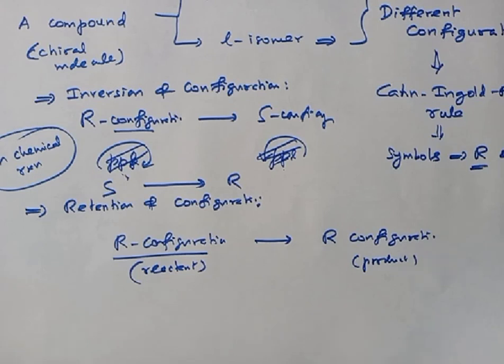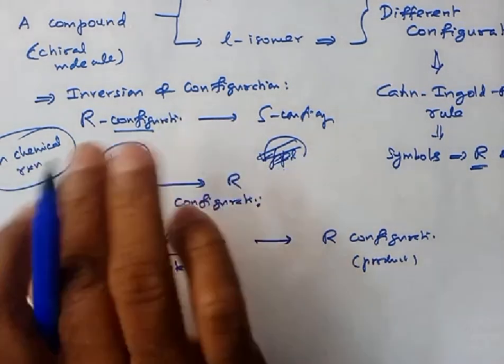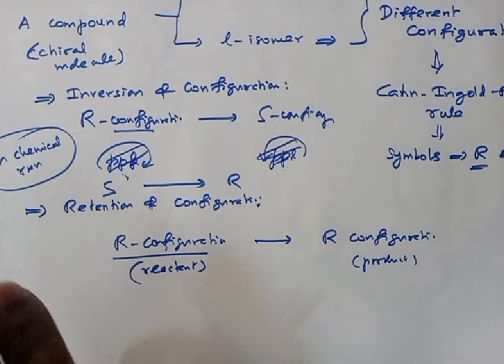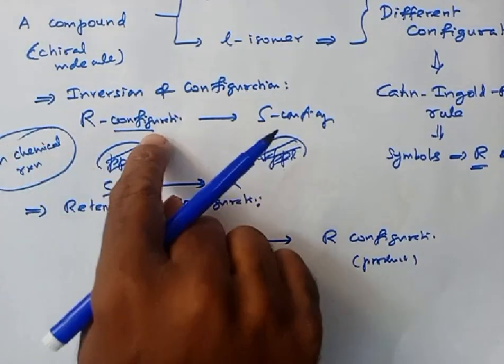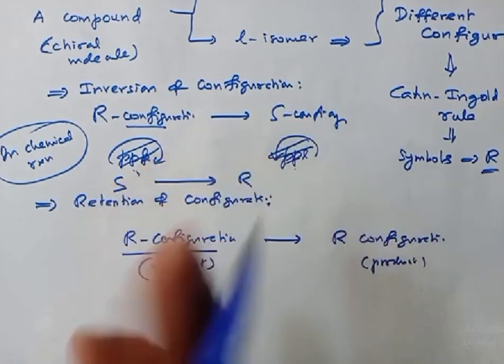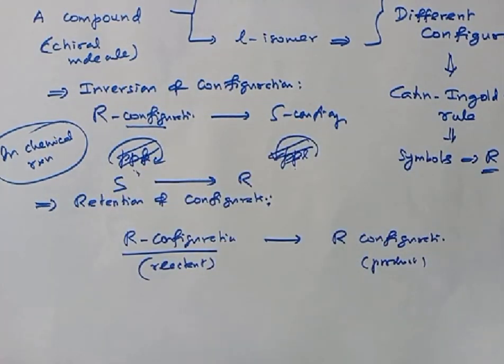Retention means the configuration remains the same. Inversion means the configuration is changed, R to S or S to R. But in a chemical reaction, keep this in mind, students, very important: these two may be isomers or may not be. It depends upon the reaction. So you should be a little careful here. Is this clear, students? Any doubt?